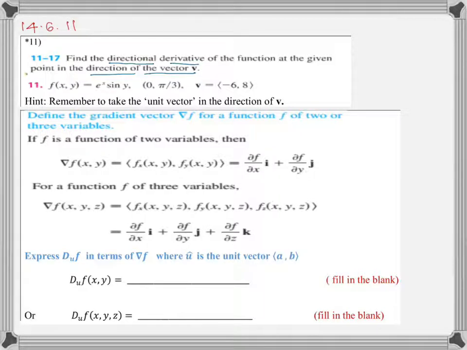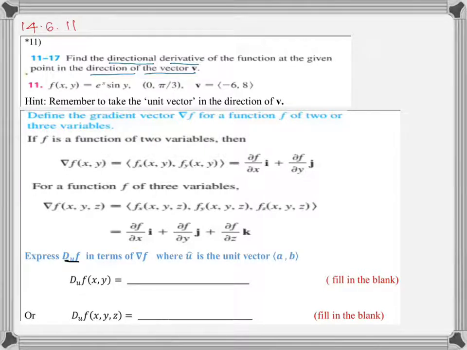Then what is the directional derivative? How can it be written in terms of the gradient vector? So D_u f stands for the directional derivative of f in the direction of u. And we are going to write that with the help of del f, the gradient vector f, and the unit vector u, which has components a and b.